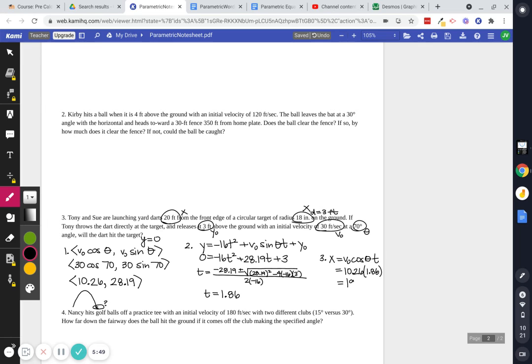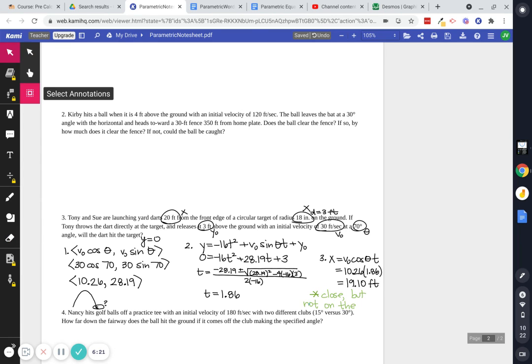I'm at 19.10 feet. The front edge is 20 feet away, so we are close, but not on the target. It's a terrible looking target. Let's just fix that because no one needs to see that.